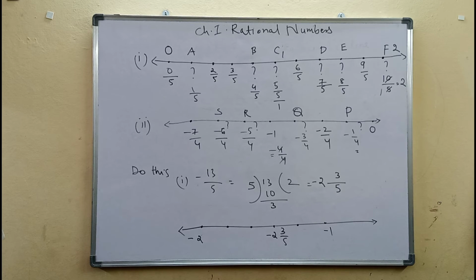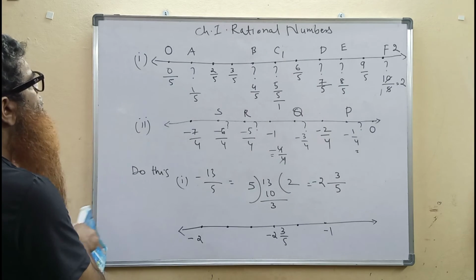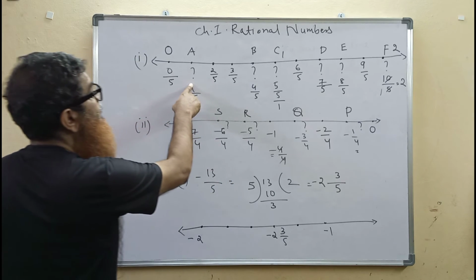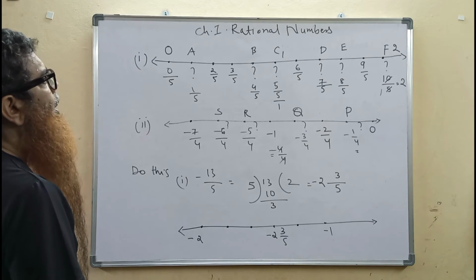Please note down, children, these two. Do these from page number 22. First one was we were to find out the points which are marked, labeled on the number line given.